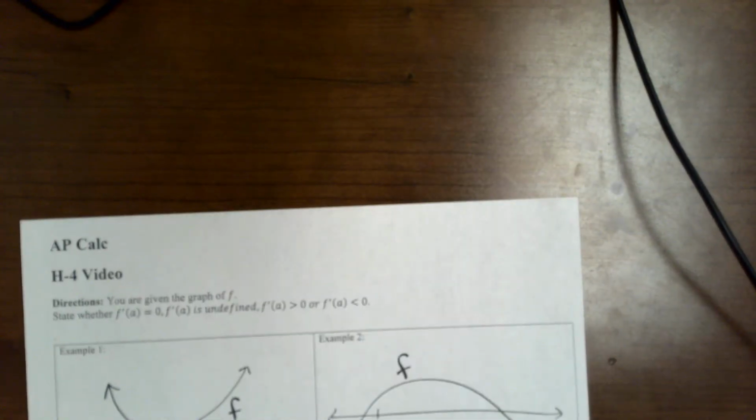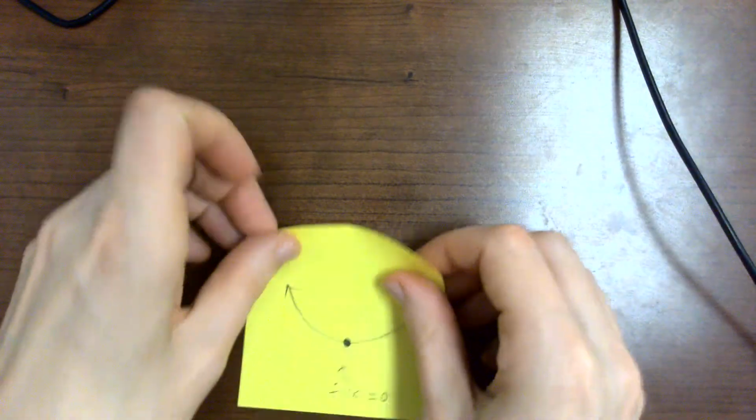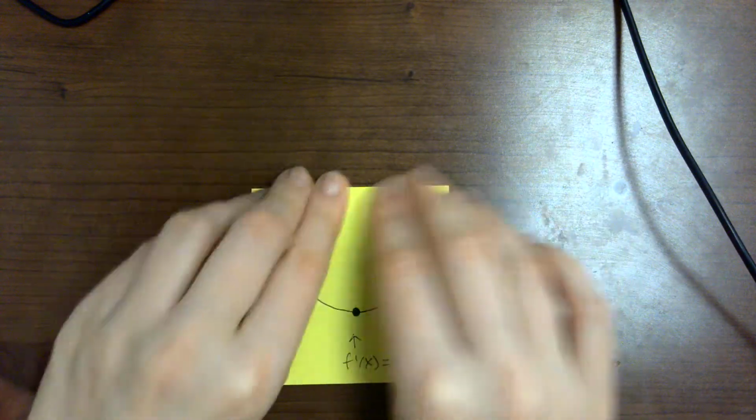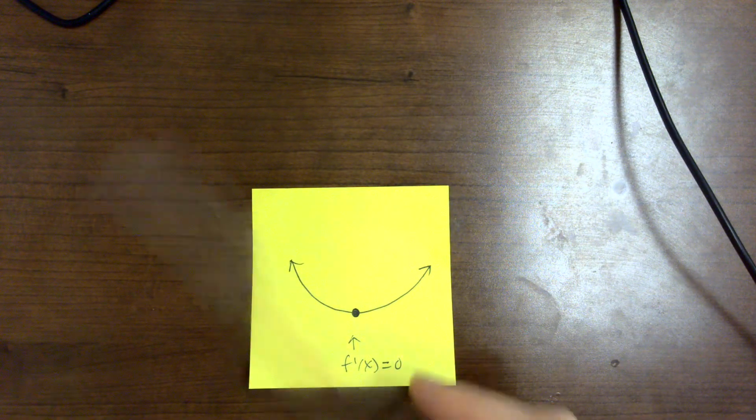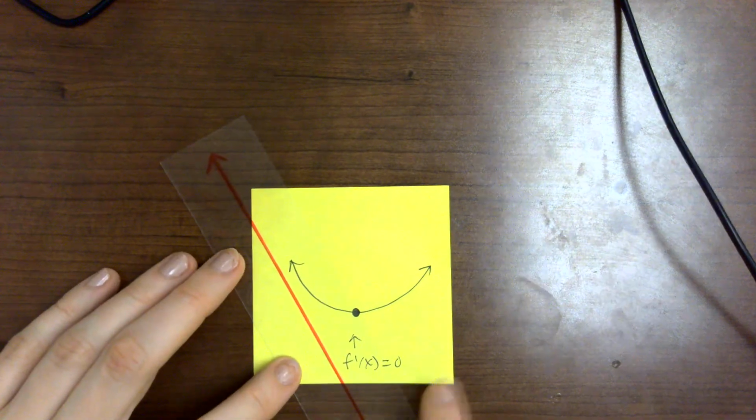Okay, so let me just say a few things. Here's a situation where we have f prime equals 0. I just want to do a little demonstration. Let me say some words first.